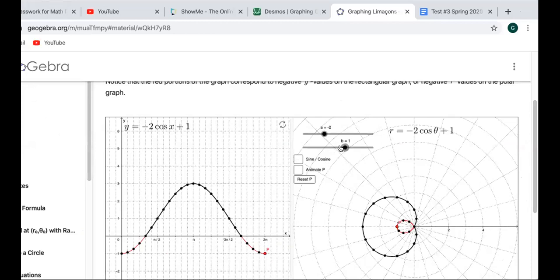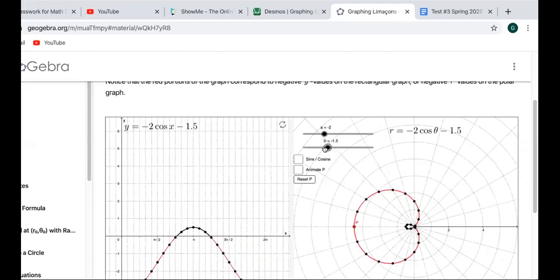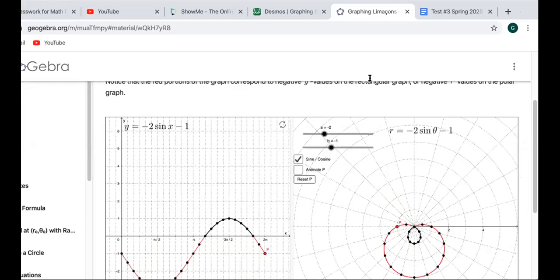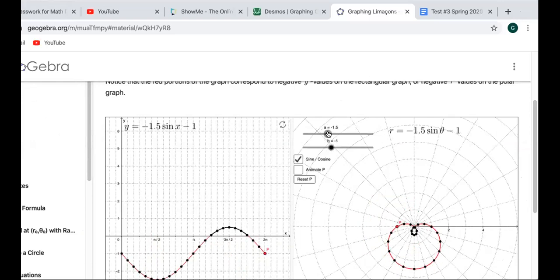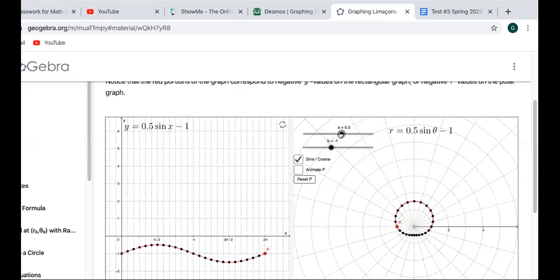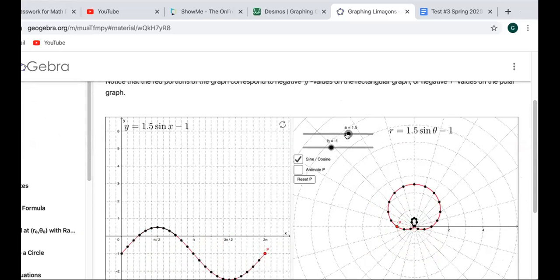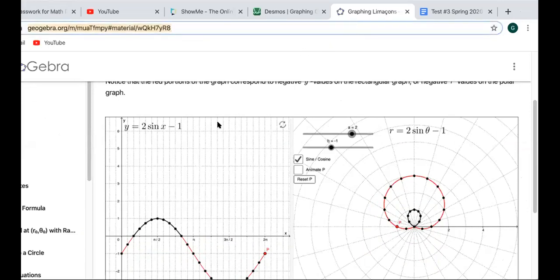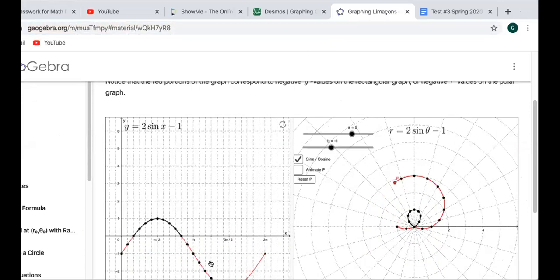Does he have B equals negative? Yes, he does. So if B equals -1, and this is sine, and A equals +2, and if I move this point around, oh, well, I am right.